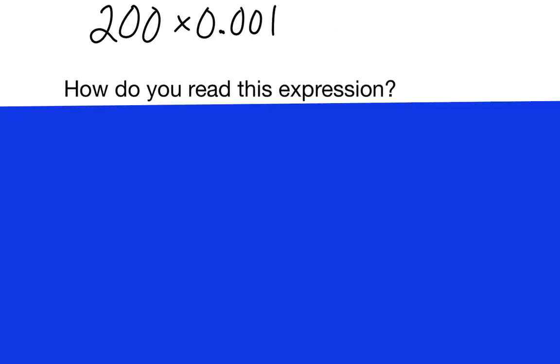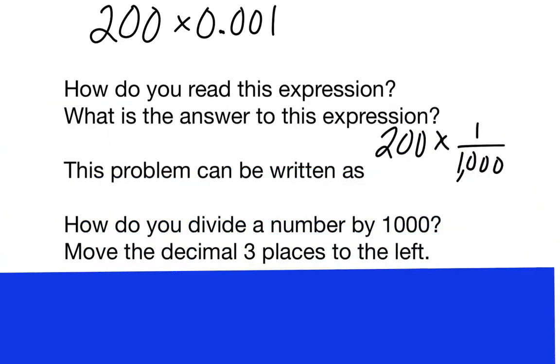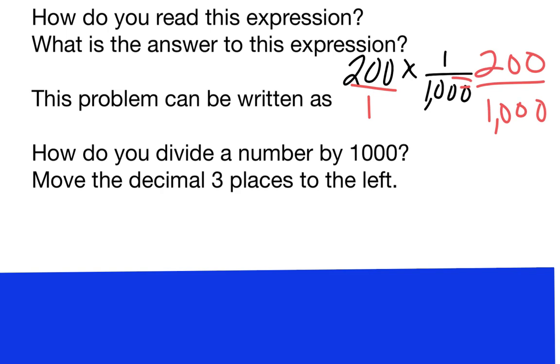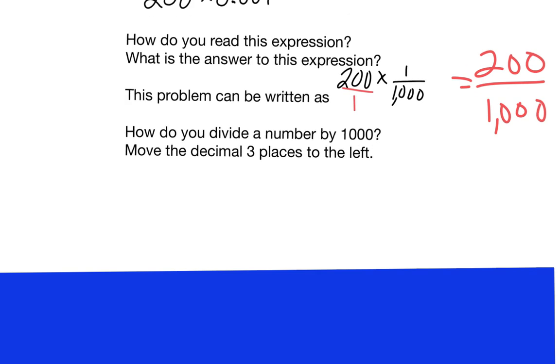Another example here, we have 200 times 1,000th. So that would be like 200 times 1 over 1,000. Same idea. So this would be like dividing by 1,000. When we divide by 1,000, it's like dividing by 10, dividing by 10, dividing by 10. So that's going to move our decimal 3 places to the left.